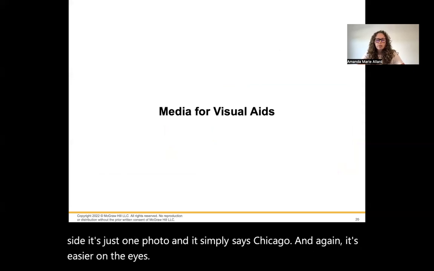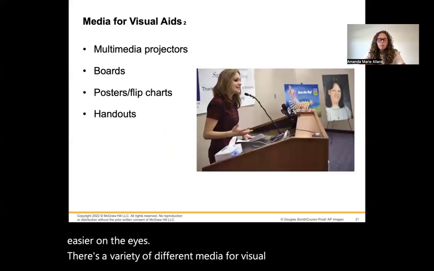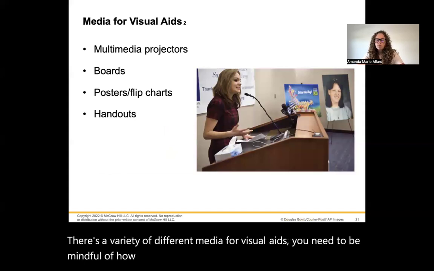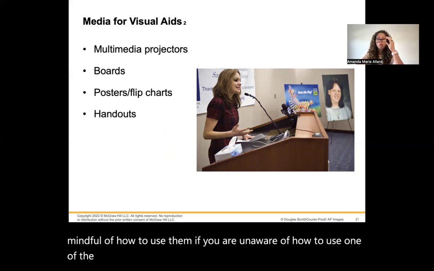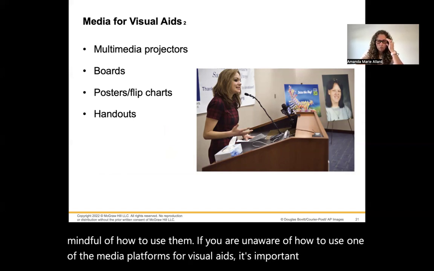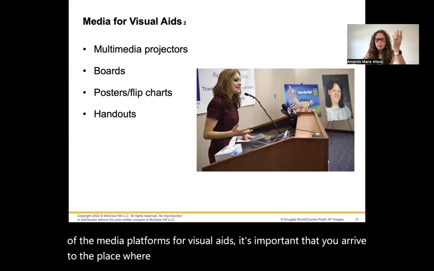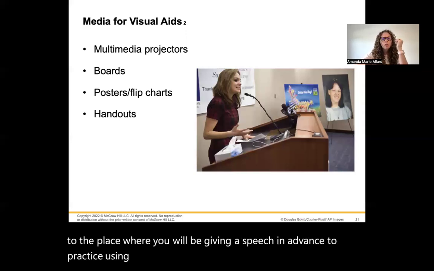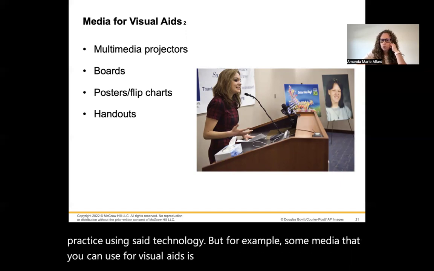There's a variety of different media for visual aids. You need to be mindful of how to use them. If you are unaware of how to use one of the media platforms for visual aids, it's important that you arrive to the place where you will be giving a speech in advance to practice using said technology. For example, some media that you can use for visual aids is a multimedia projector.